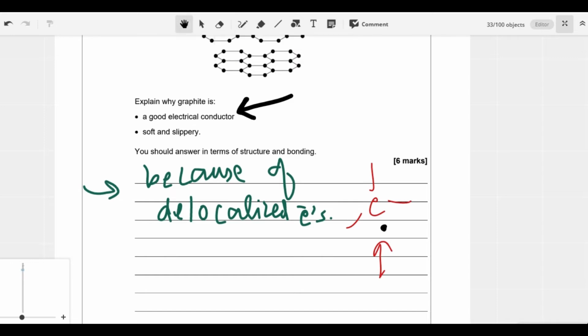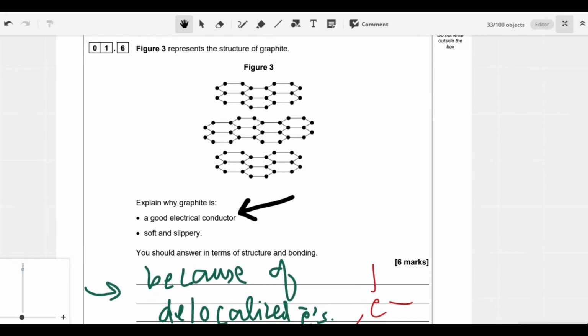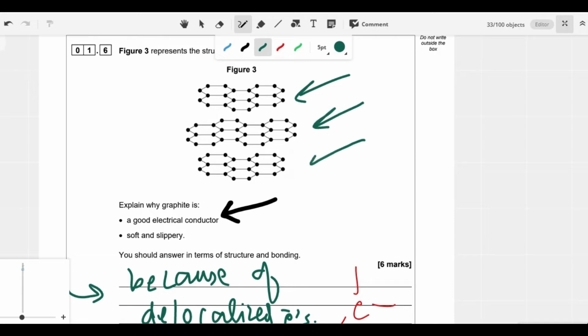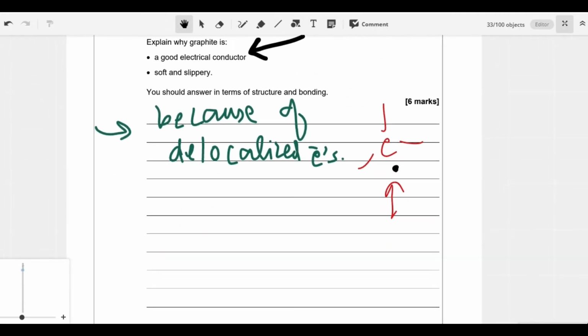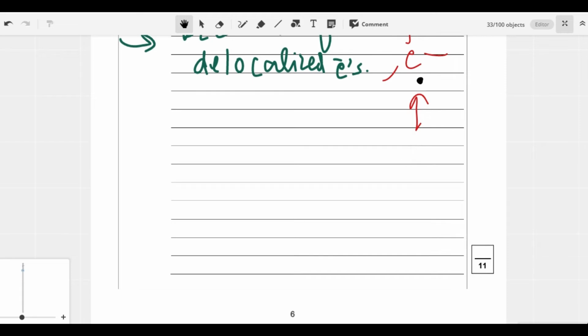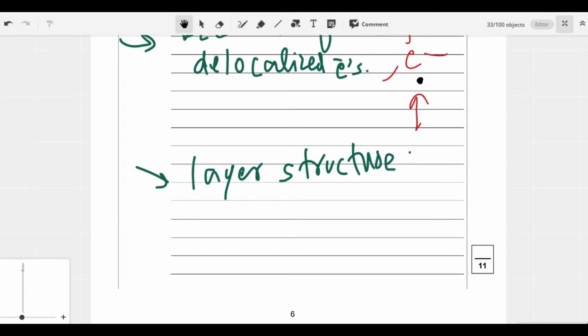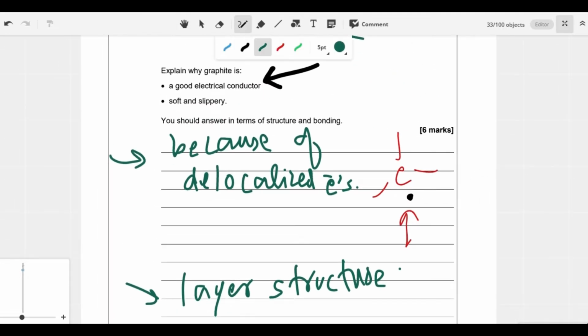Because in the diagram, graphite has a layered structure with hexagonal rings and weak forces between the layers. So I'm going to indicate here, layer structure, but you have to write in detail because this question is 6 marks, so you have to write in a detailed form.